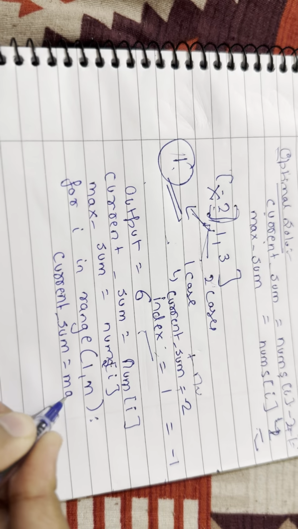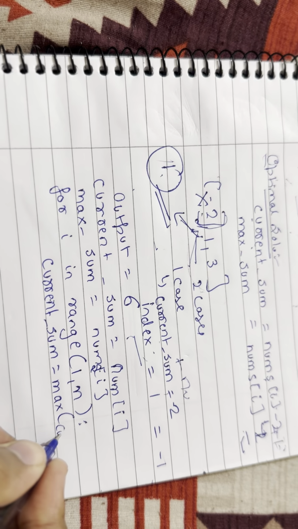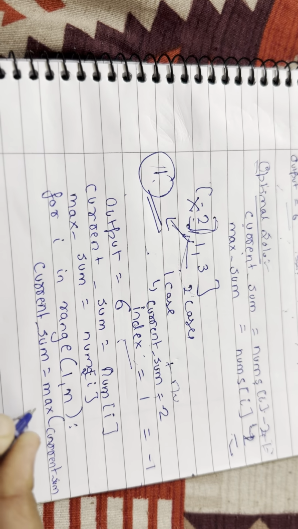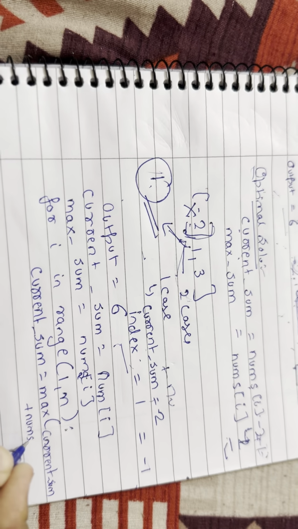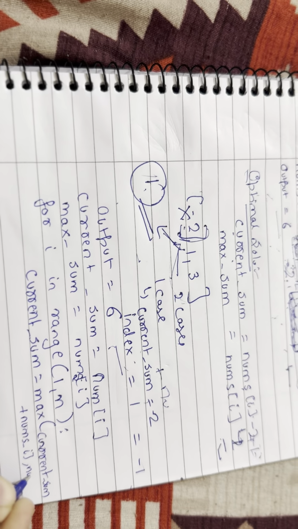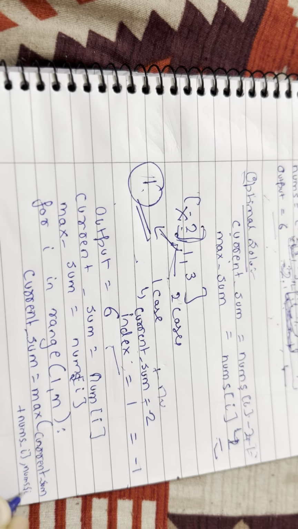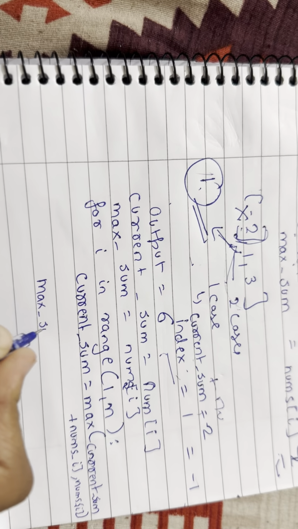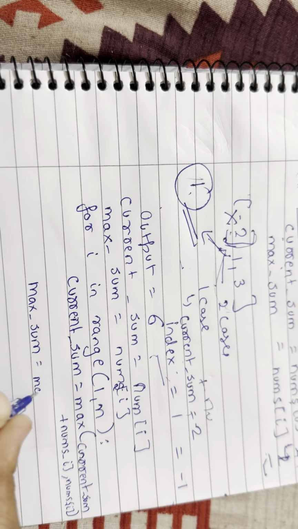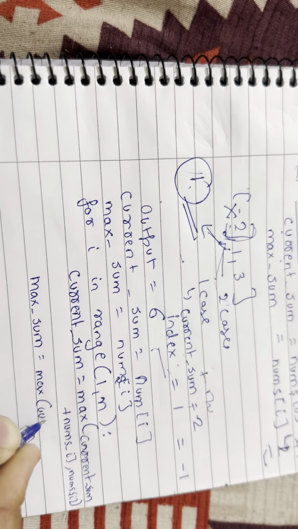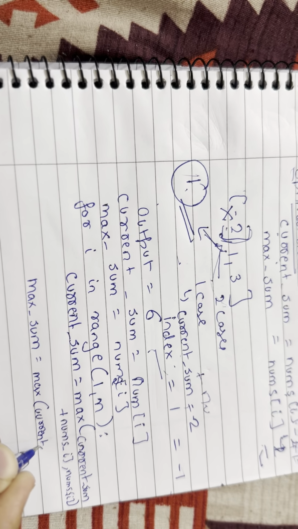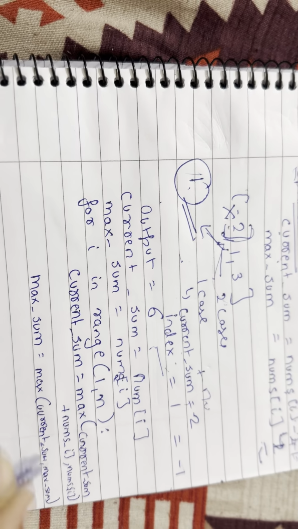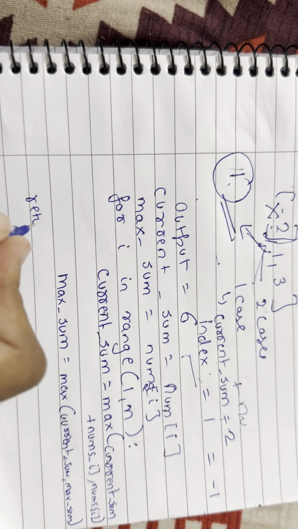So here we will choose the current maximum sum: either current sum plus nums of I, or nums of I. Second, we will take the maximum sum, which is the maximum of current sum and maximum sum. After that we will return the maximum sum.